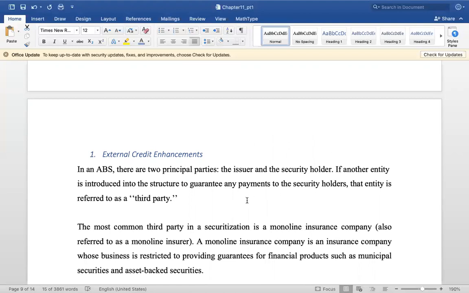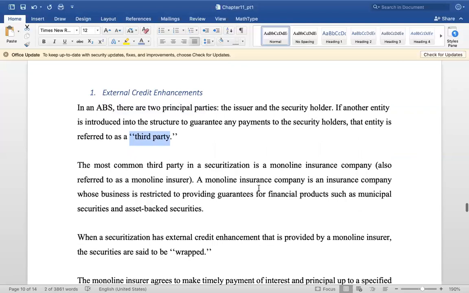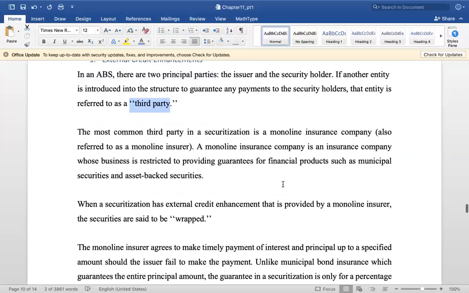In external credit enhancement, there are two principal parties. In an ABS, there are two principal parties, the issuer and the security holder. If another entity is introduced into the structure to guarantee any payments to the security holders, that entity is referred to as a third party, and that entity will serve as an external credit enhancement. The most common third party in securitization is a monoline insurance company.